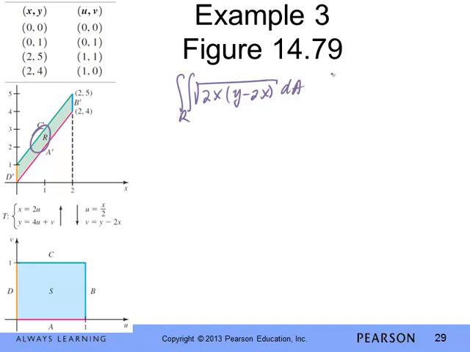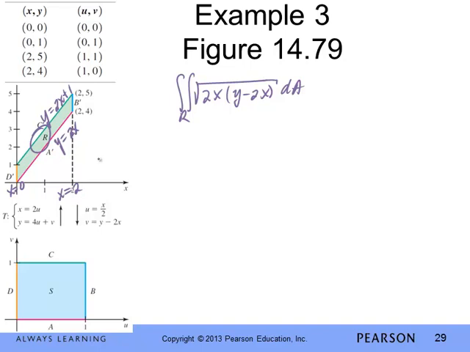It looks like the red line would be something like y equals 2x. The green line would be maybe y equals 2x plus 1. And x would vary between 0 and 2. So the limits for the two variable double integral, at least on the xy plane, wouldn't be too bad.